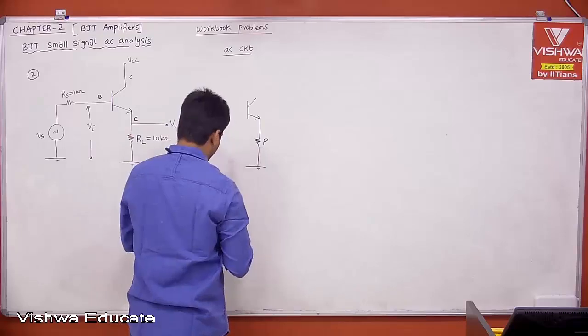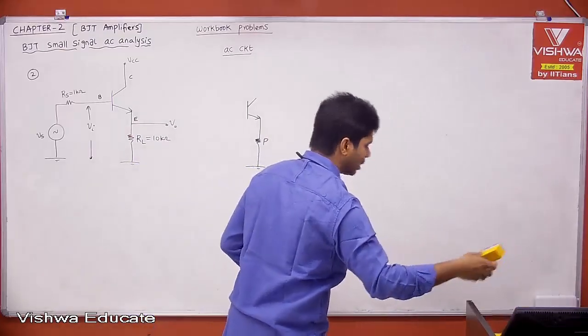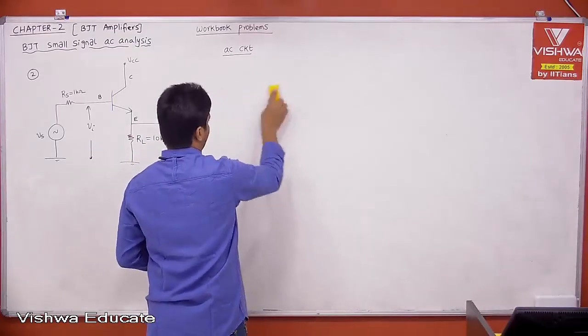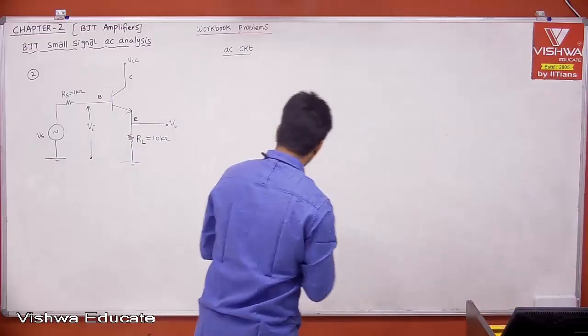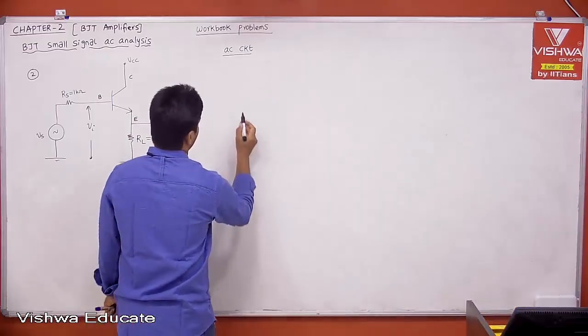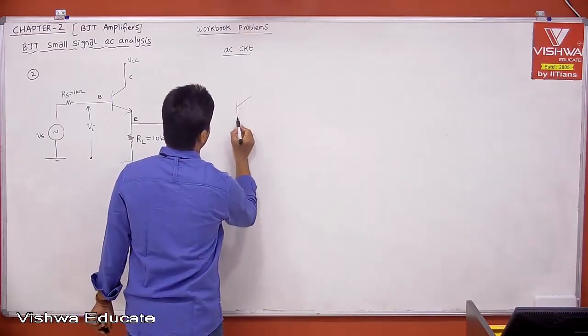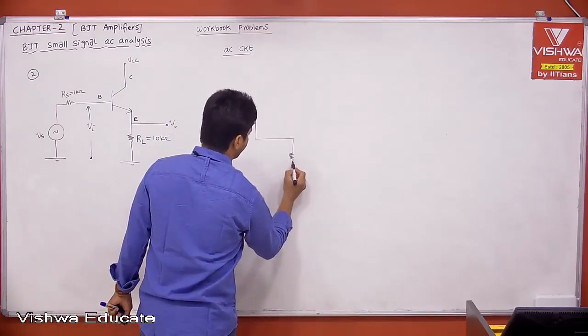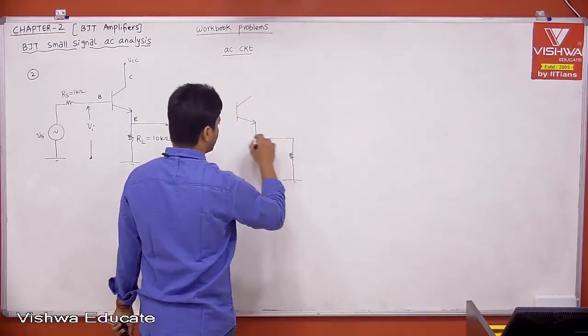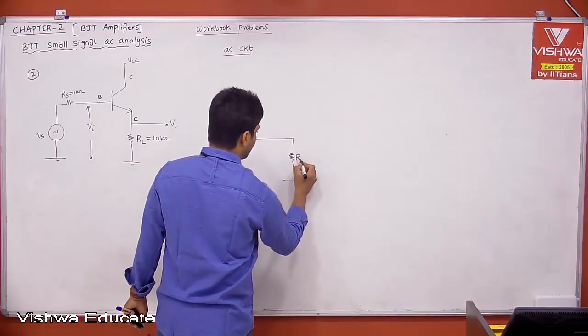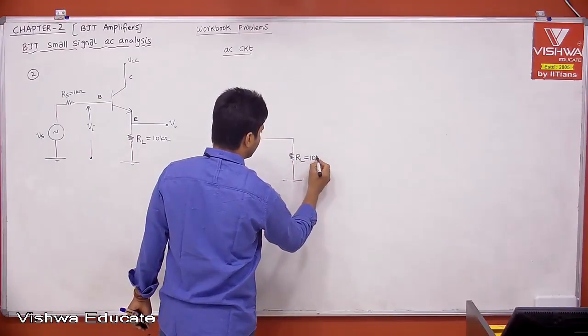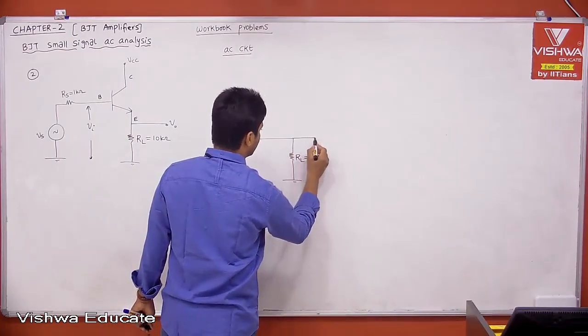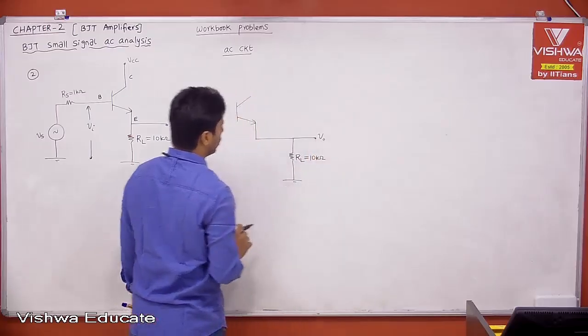Maybe let me draw it to match the circuit to the block diagram we had seen. This is our transistor. Can I just extend the load like this? Yes, because it is a wire, right? We can extend it. RL is equal to 10 kilo ohm, and this is your V0, right?